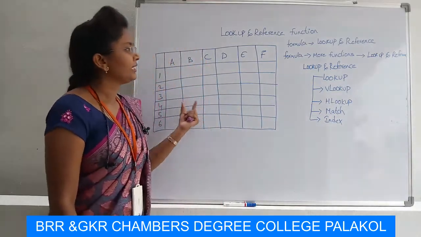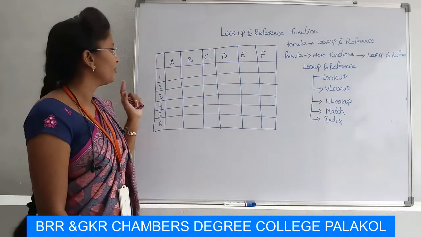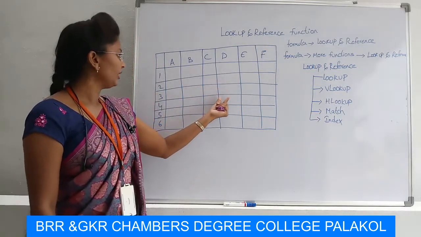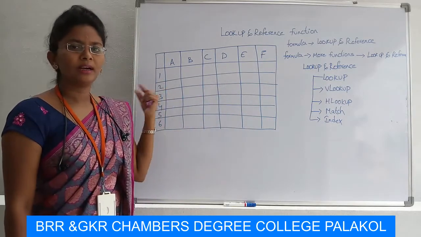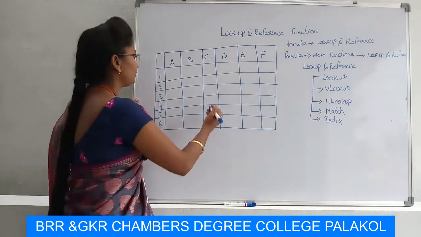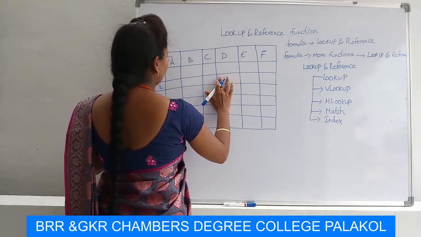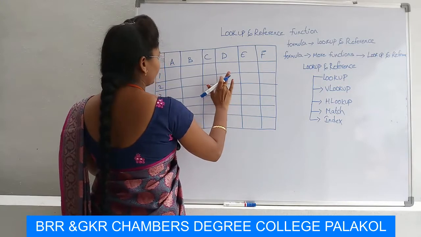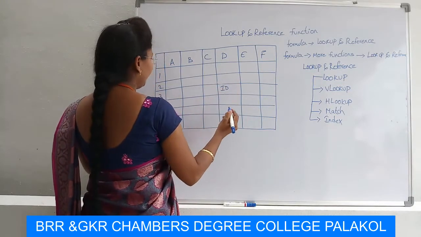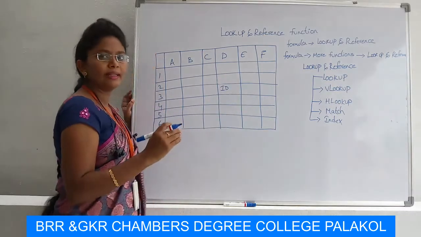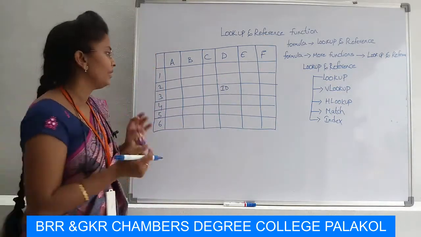And for each and every function, we have to take some data in the Excel sheet. Here in D4 cell, I am entering some data. That means ID, and the second one is the brand and product.